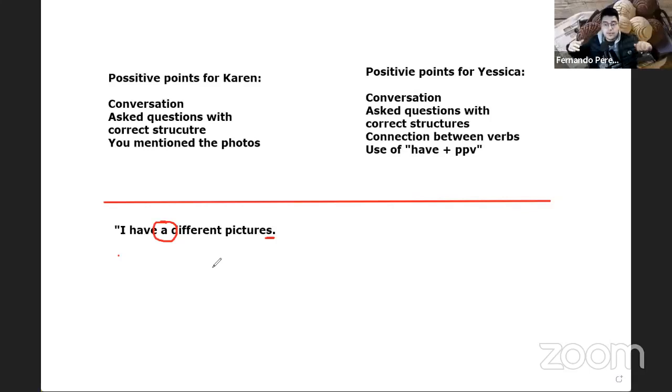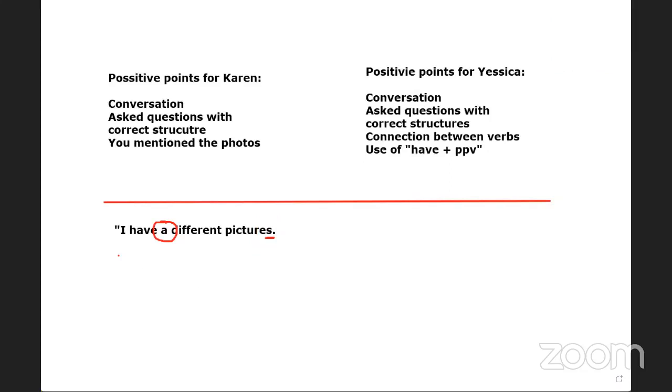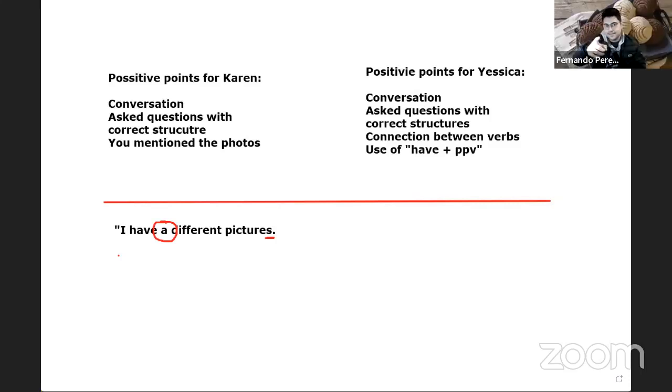If you continue saying have a, you will commit many, many mistakes because you will not consider the plural word. The correct is just I have different pictures. And that's it. Exactly.